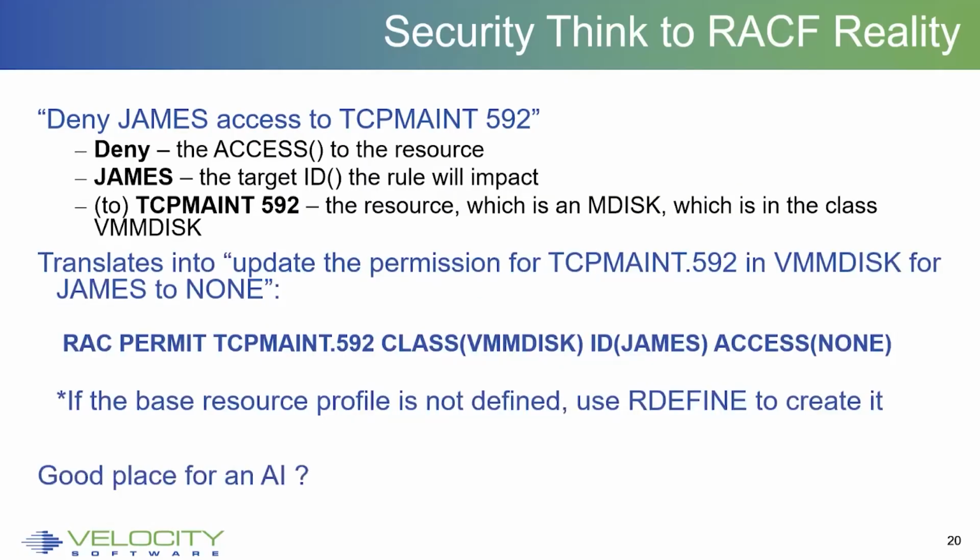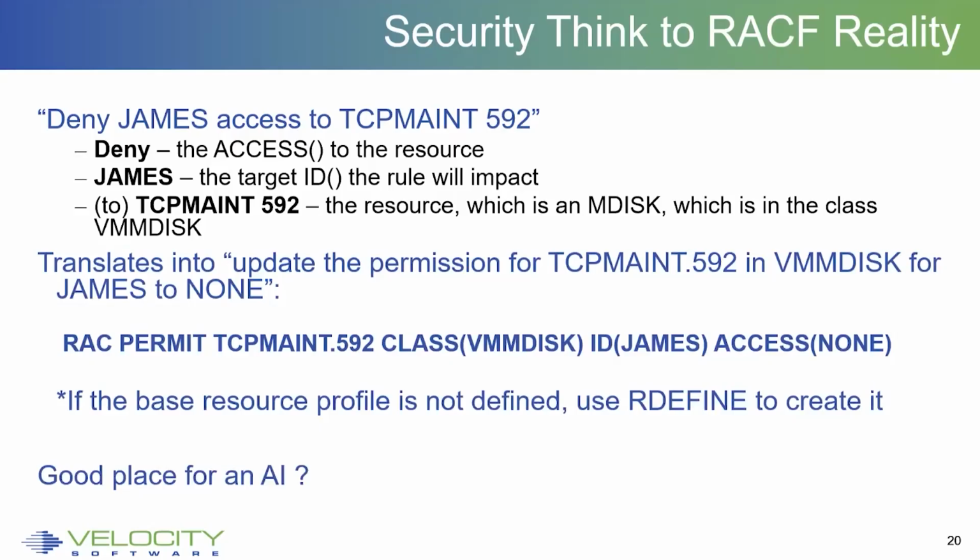So the phrase "deny James access to TCPMAINT 592", if you break that down, the deny is the access. That's the access set for the resource. James is the target ID, because that user ID is who it's going to impact.